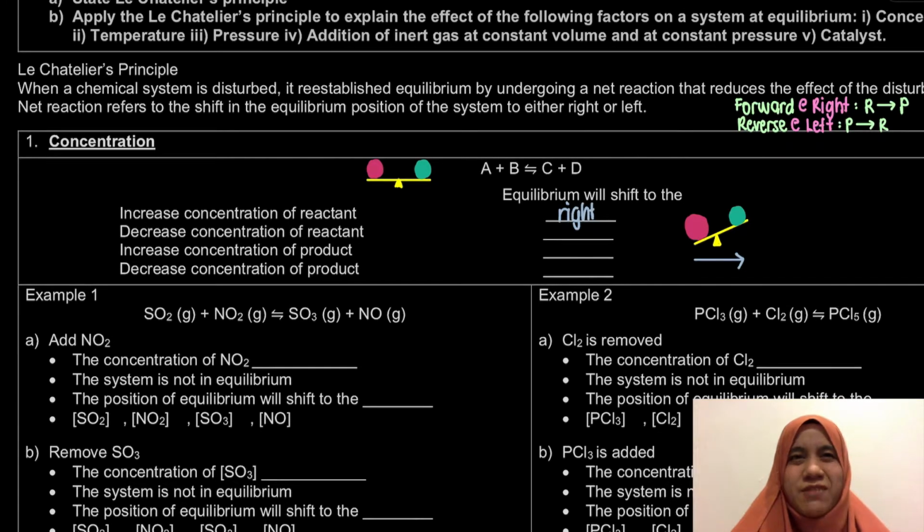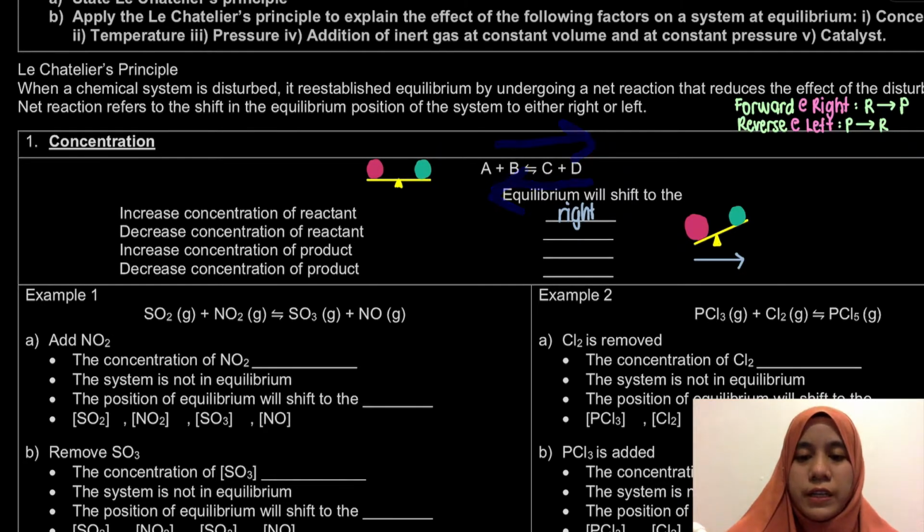Okay, kalau kamu rasa tak naklah guna seesaw, kalau tak nak guna seesaw pun boleh juga. Fikir macam ni: when we increase concentration of reactant, kalau boleh kita nak increase juga concentration of product kita to make sure that seesaw kita balance. So bila kita nak banyak produk kita form, dia nak ke kanan ke dia nak ke kiri?